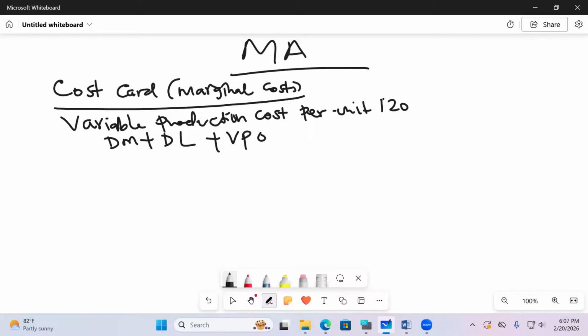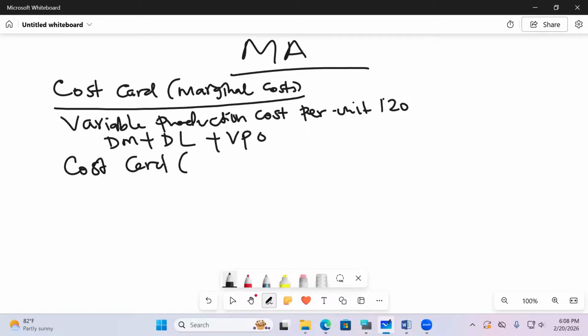But this examiner was a nice examiner. He gave us the variable production cost per unit. So this one is over. Cost card, marginal costs, done. Then come here and give me the same cost card.